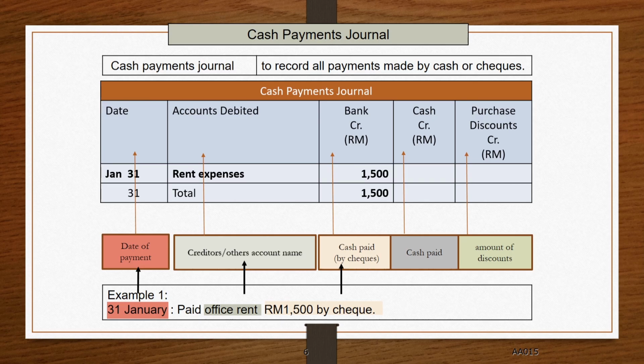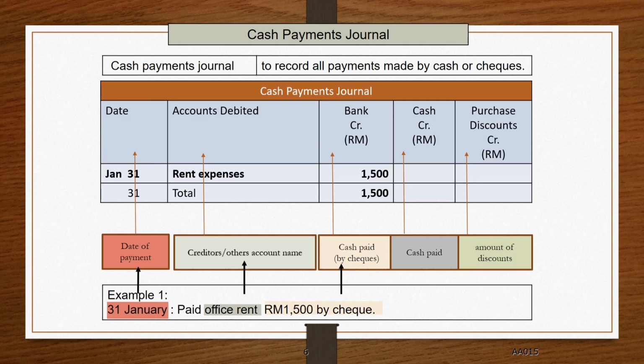So we look at the first example, 31st of January, paid office rent Rm 1,500 by check. So the accounts involved are rent expenses and bank. You just write down the date, 31st January, account debited, rent expenses.